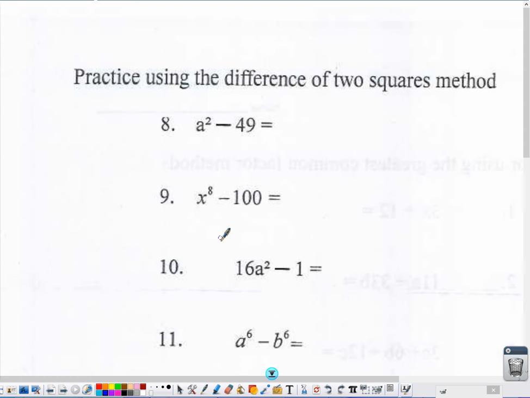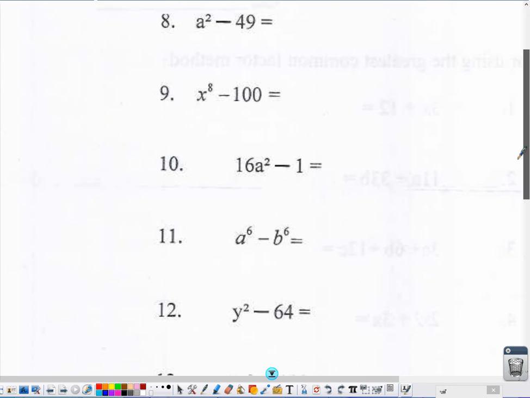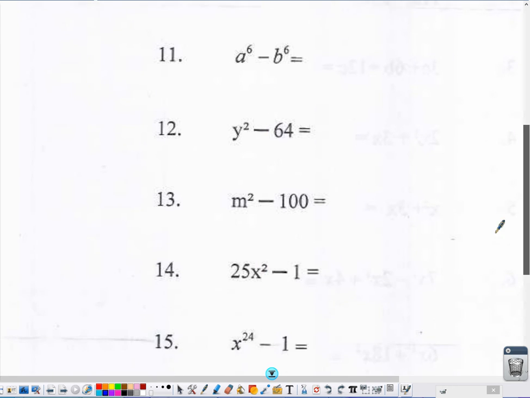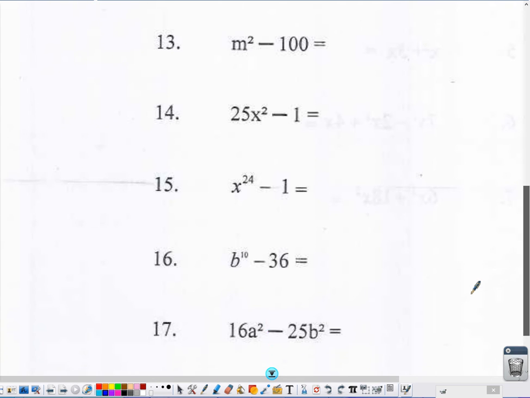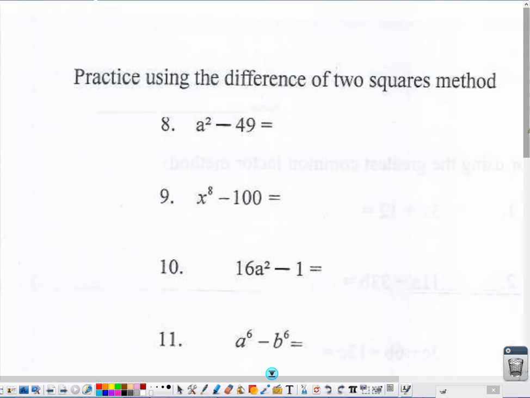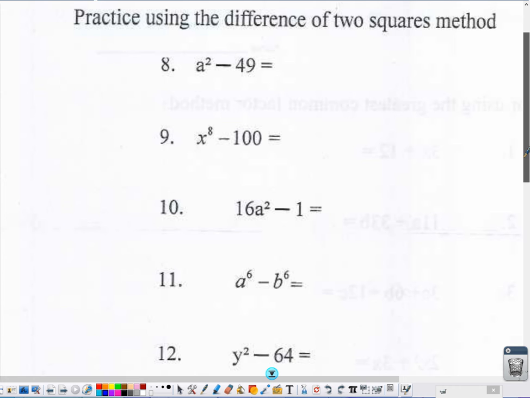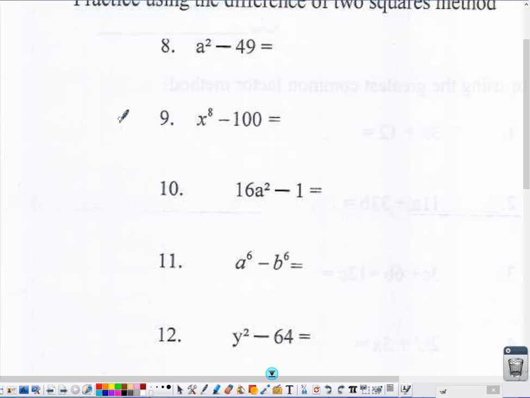So, at this point, head over to the next page, and I have a whole list of questions for you to be able to answer. I'll tell you that number 9 is going to have a number of different sets of parentheses. Oh, actually, never mind, because that's going to be a 10.